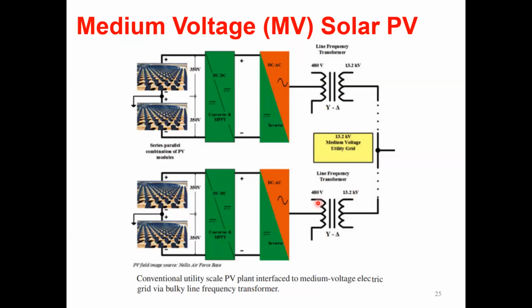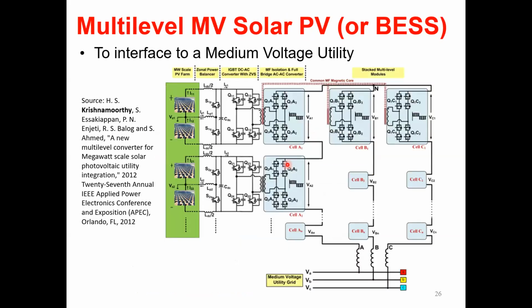But again, if you are connecting this, let's say, on top of buildings, or in a place where size is very critical, then you don't want to have line frequency transformers. So here is an approach that we had published before. Instead of connecting everything in parallel at the AC side, you see there is the solid state transformer here.